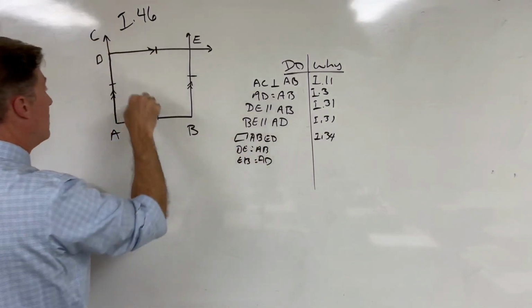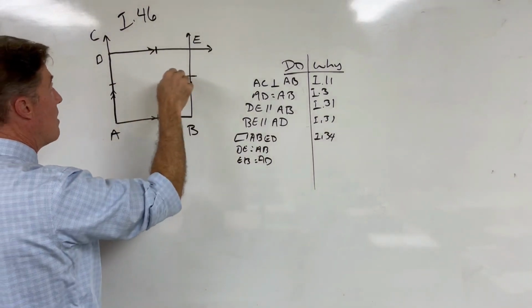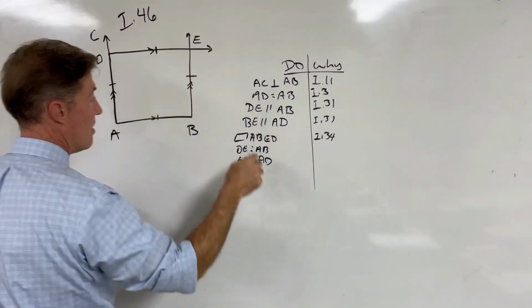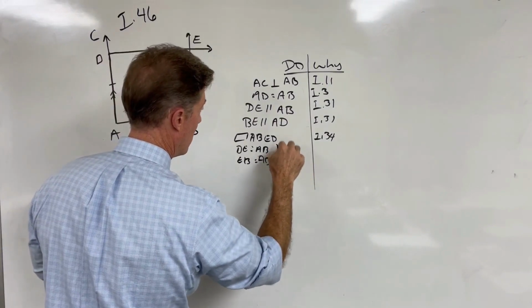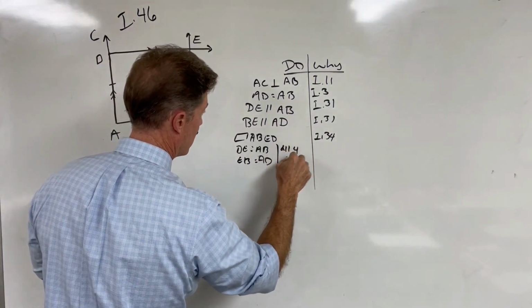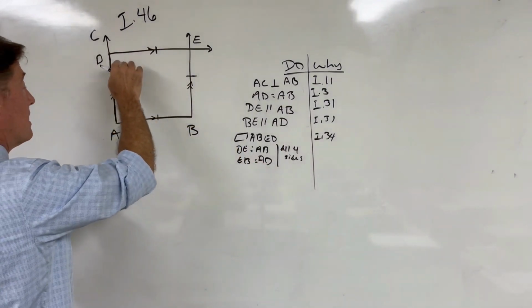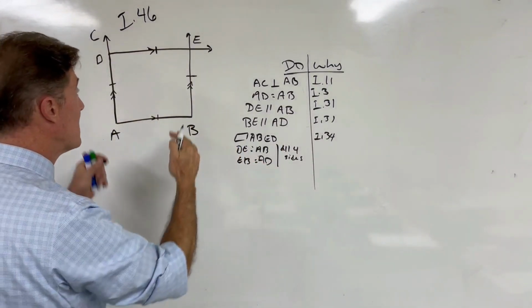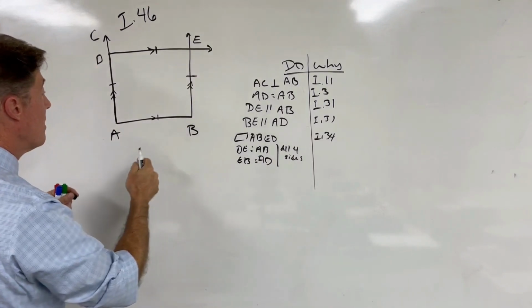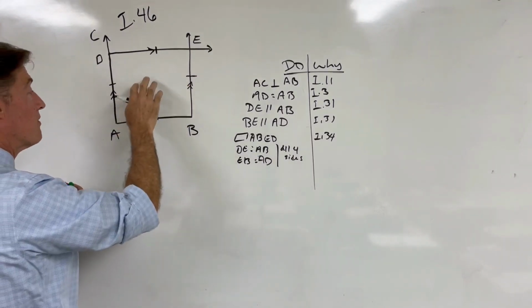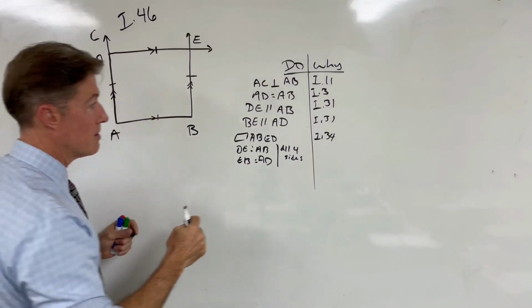And since these are already shown to be equal to each other, we now have all four sides of our figure equal. So all four sides are equal. Now we just have to demonstrate that all four angles are right angles, because the definition of a square is a quadrilateral with four equal sides and four equal angles.